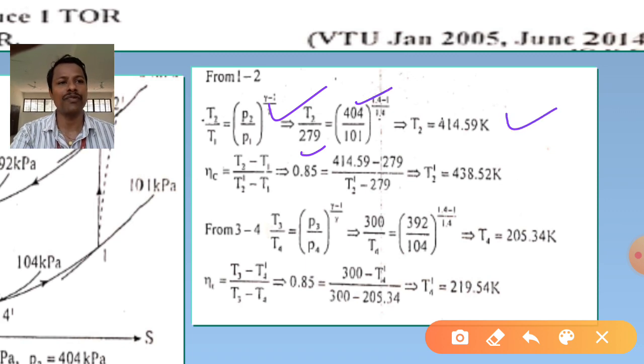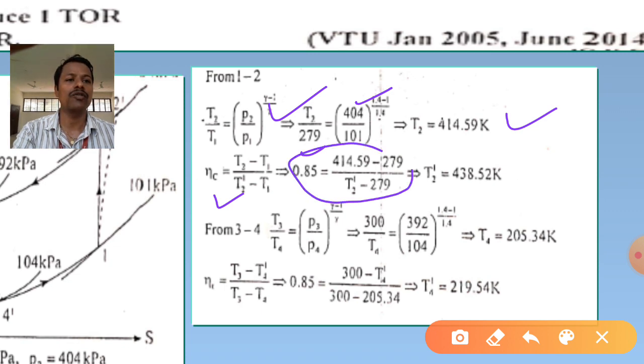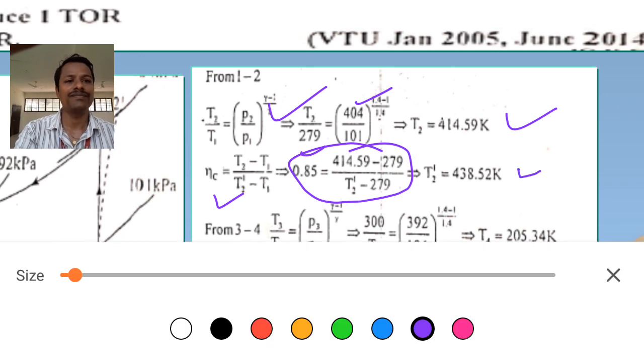This is a repetitive step from the previous problems, and I will not deal with it in detail. So then again compressor efficiency, how to write this efficiency formula we have discussed in the previous problem. Just observe that and substitute the known data in this, then we will be able to calculate T2 dash.